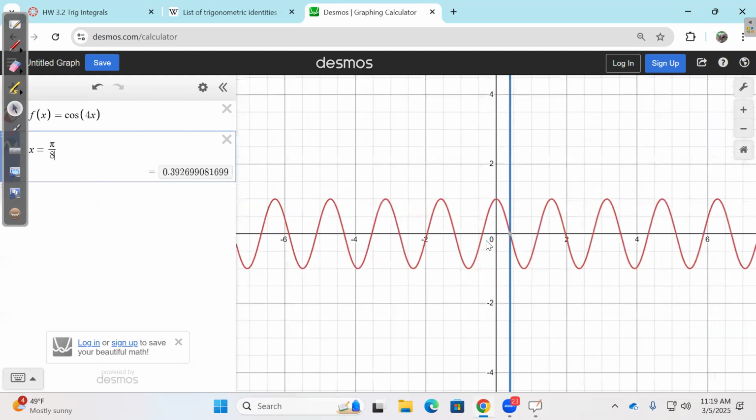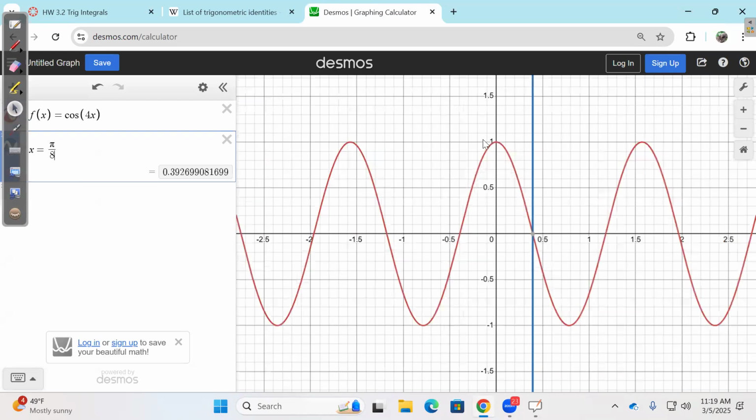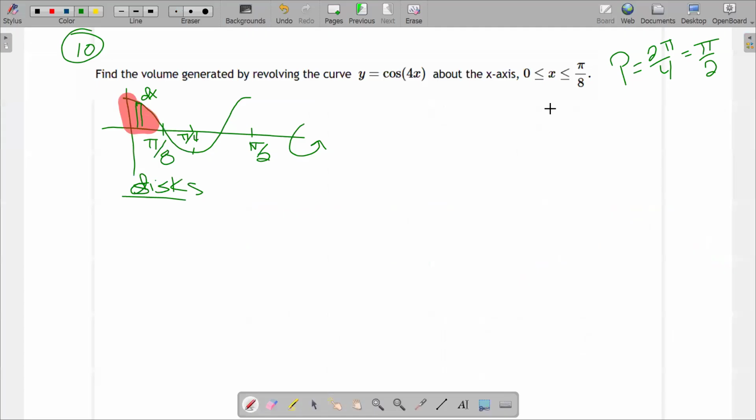So zooming in, that looks pretty much like what I was aiming for there, this chunk right here. Okay. So again, when we rotate that, we're going to get a shape that looks kind of like this here. It won't be pointy there, it'll be pretty smooth. So we're going to make a dish, basically.